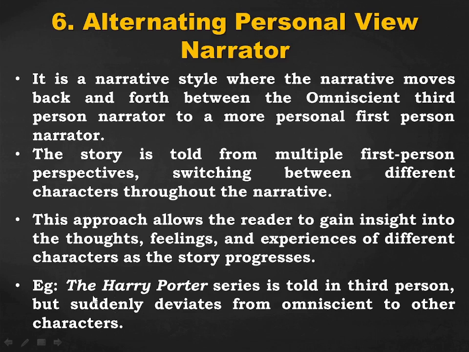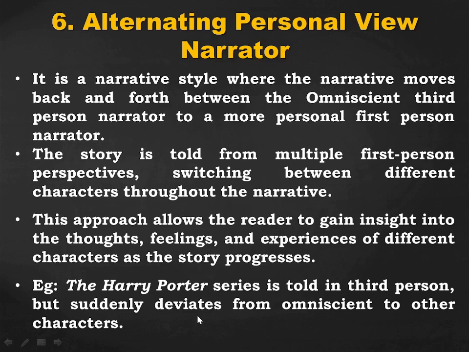And the best example to cite is the Harry Potter series that is being written by J.K. Rowling, which is told in third person. And as the narrative moves in third person, suddenly it deviates from omniscient third person narration to other characters, where the characters would give a first person perspective.